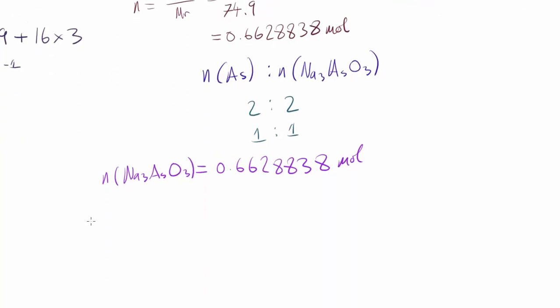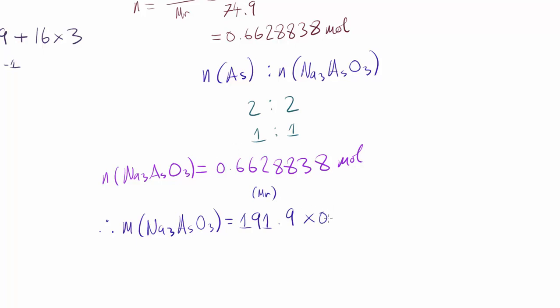So therefore we're going to say the mass of Na₃AsO₃ is equal to the molar mass, right? So the 191.9, that's the Mr, just for clarity, multiplied by the number of moles, right?